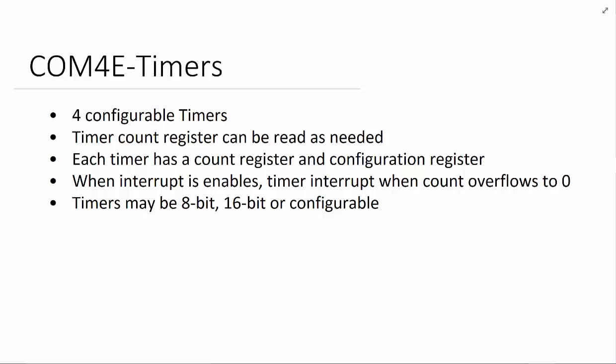And then when it increments all the way from where it is to the largest number, in the case of an 8-bit, the largest number would be FF. In the case of a 16-bit, the largest number is going to be FFFF. So for an 8-bit timer, you can start the counter anywhere you want. This would be the timer register or the timer count, and this count increments.